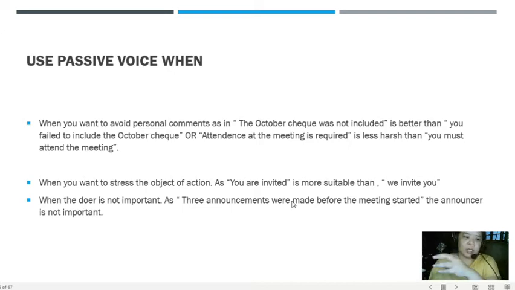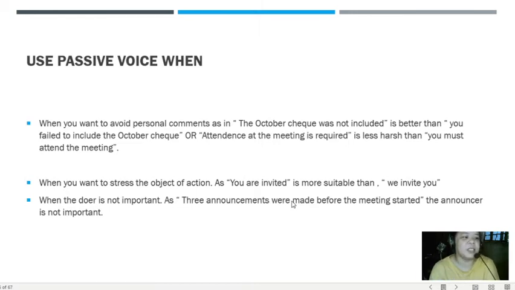Using the object as the subject, changing the arrangement of the sentence from active to passive, sometimes makes the statement more democratic, more empathetic, less direct, but more effective.